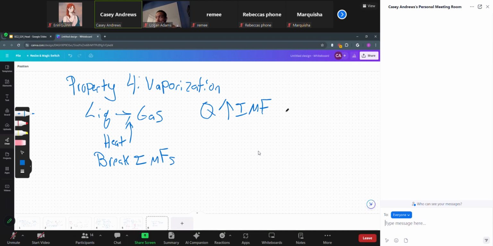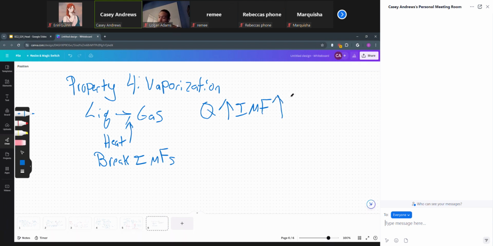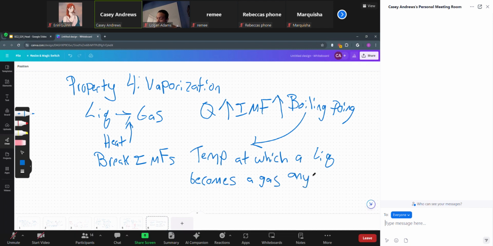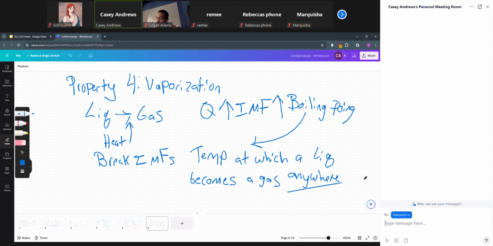So the higher my intermolecular forces, the higher the boiling point, which is how we measure this. Let's define that: the boiling point is the temperature at which a liquid becomes a gas anywhere in the liquid. And I'm going to underline that, anywhere.